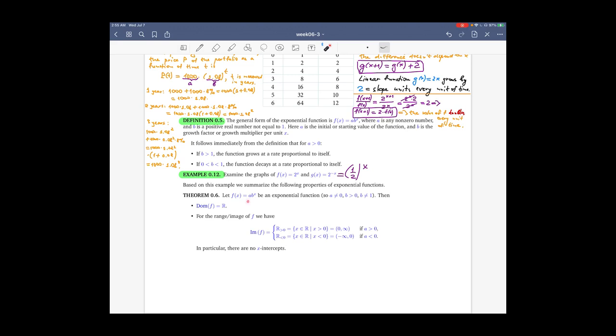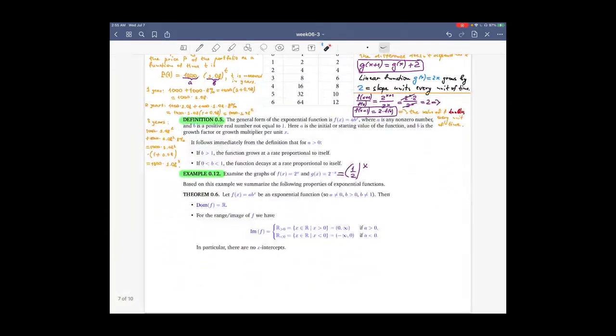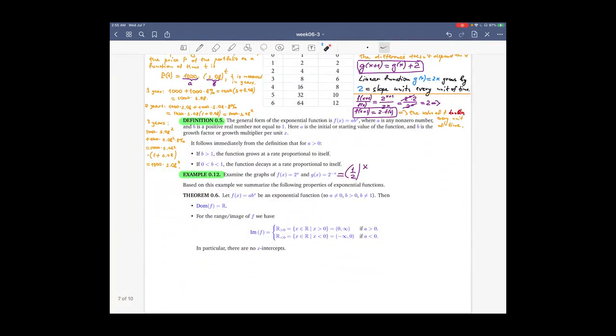Remember, a is non-zero. Whenever a is positive, like in the two examples on the next page, the image is the entire set of positive real numbers. And when a is negative, the image will be the entire set of negative real numbers.